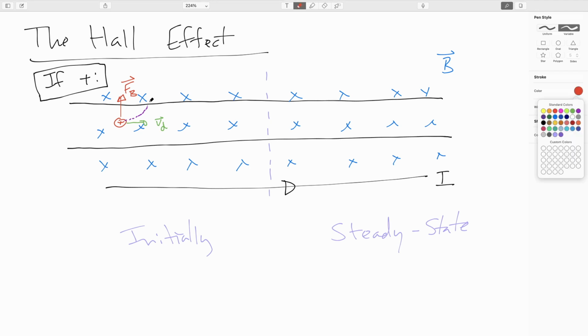So the mobile positive charge carriers would just crash in here. And similarly, you would end up leaving behind negative charges that were stuck in the lattice, because we're assuming positively charged charge carriers are mobile.